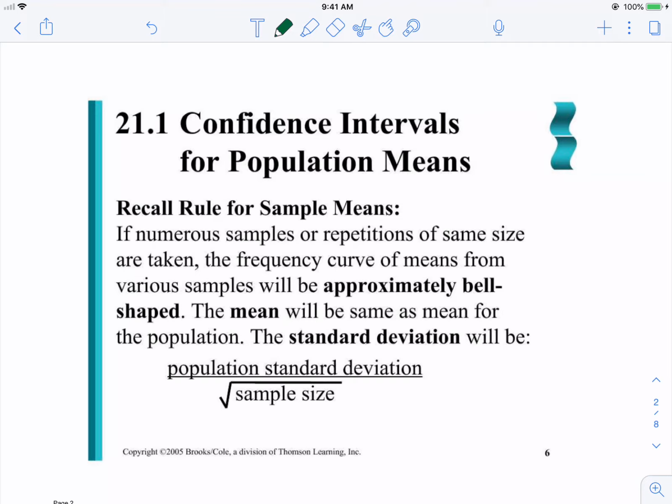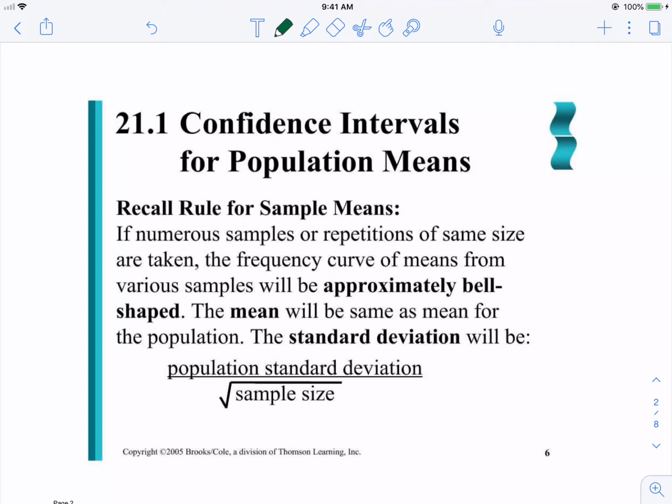So remember that this is all based off of the rule for sample means, which is derived from the central limit theorem. It's the big idea of statistics that allows us to perform these analyses. Remember that the rule for sample means says that if numerous samples or repetitions of the same size are taken, the frequency curve of means from various samples will be approximately bell-shaped, and the mean will be the same as the mean for the population.